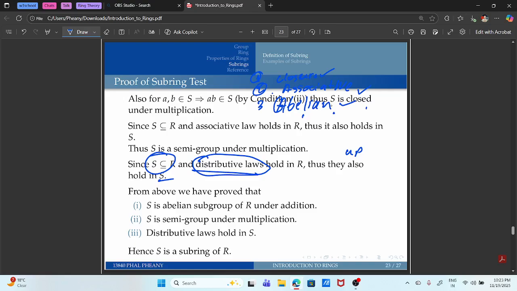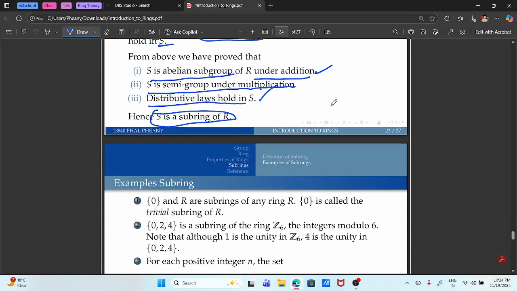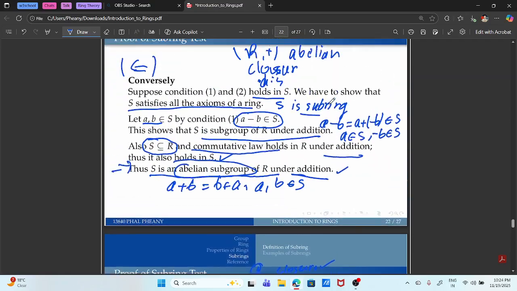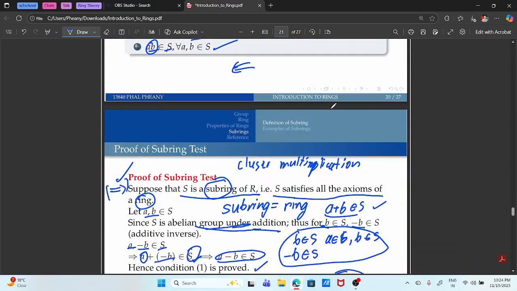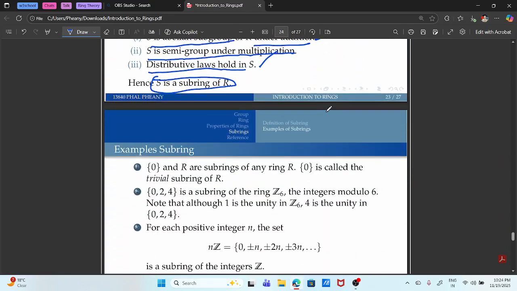So we have done the three main parts: S is an abelian subgroup under addition, a semigroup under multiplication, and the distributive law also holds. So we can say S is a subring of O. So we have done the converse part. Now we have completely done the proof of subring. I hope you understand that.